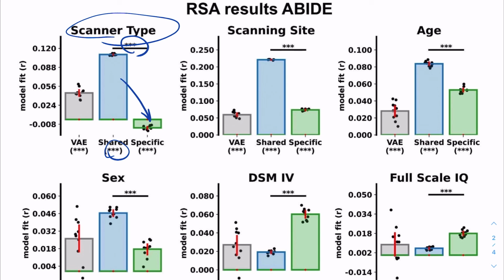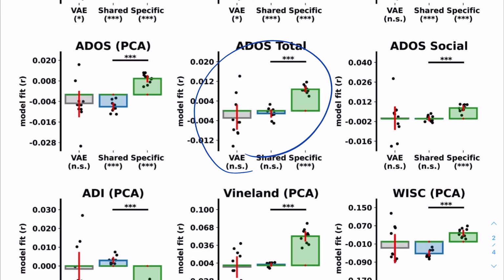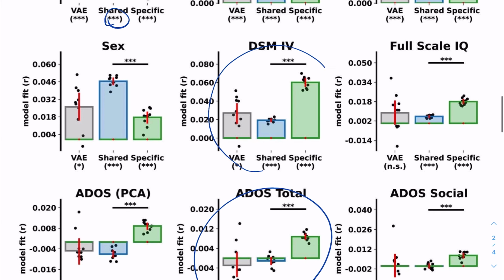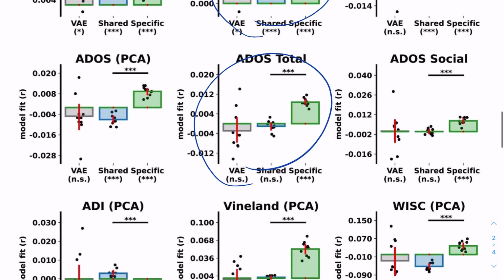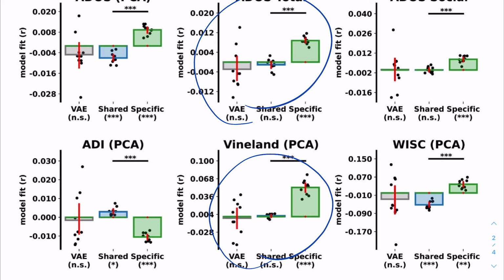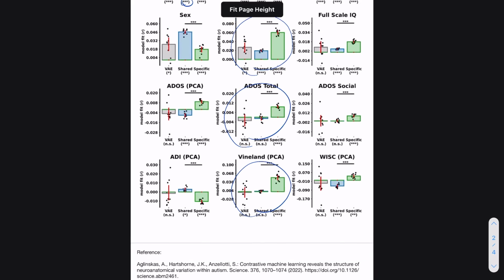Next, the authors move on to look at the measures of clinical symptoms. We have already looked at one example above, which is the ADOS total. There are 2 more measures in this category mentioned by the authors, which are DSM-4 subtypes and the Vineland questionnaire. Analysis of these 2 cases is not hard and is left to the readers as homework assignments.